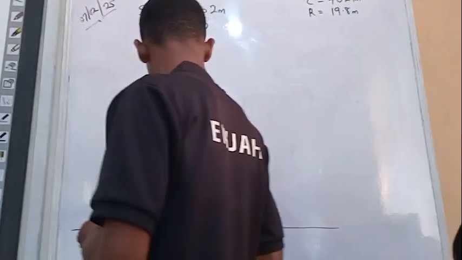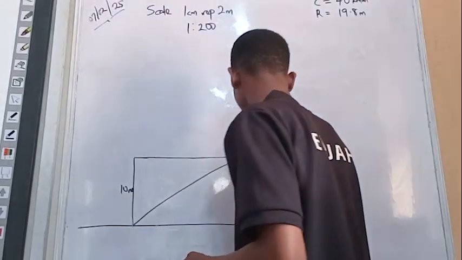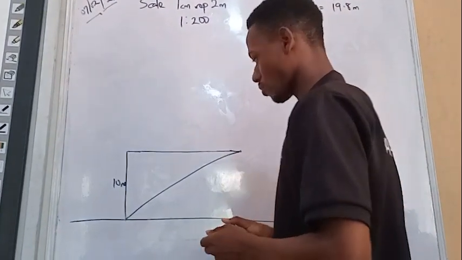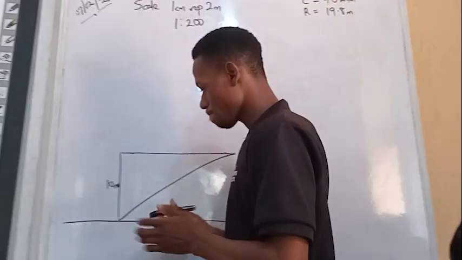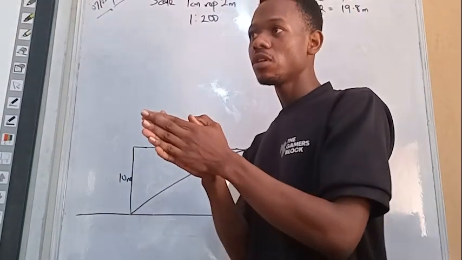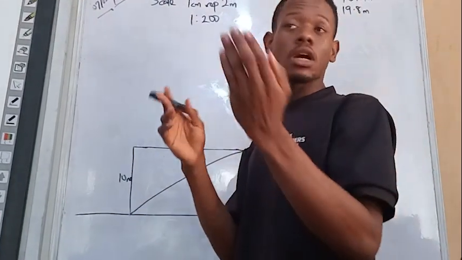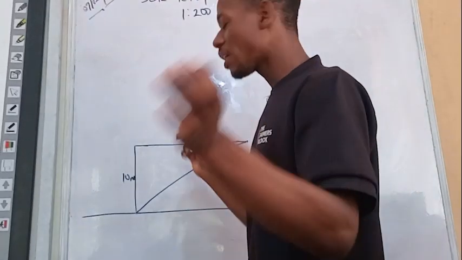So are we there? Yes. After drawing the slope, please don't forget to label, although you can actually label later. So we can call this point A, point B, like that.